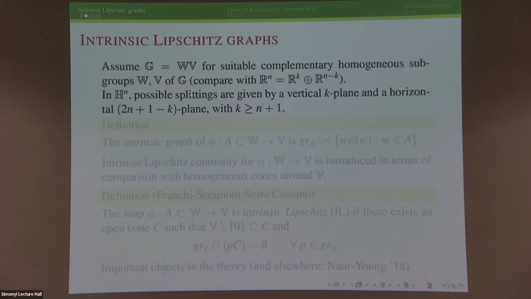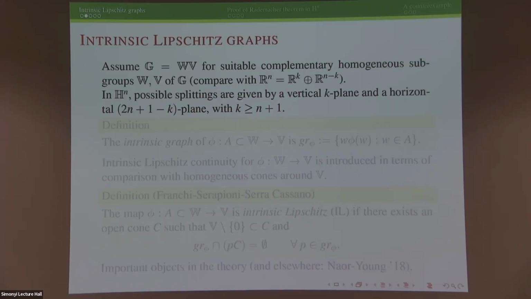And in H^n, there are just a few possible splittings. Well, there are many, but whenever you have a splitting of H^n, then one of the two groups is a vertical k-plane, where k is at least n plus 1, so more than half of the dimension. And for me, vertical will always mean that it contains the direction t, the vertical one, where the dilation scales with a factor lambda squared.